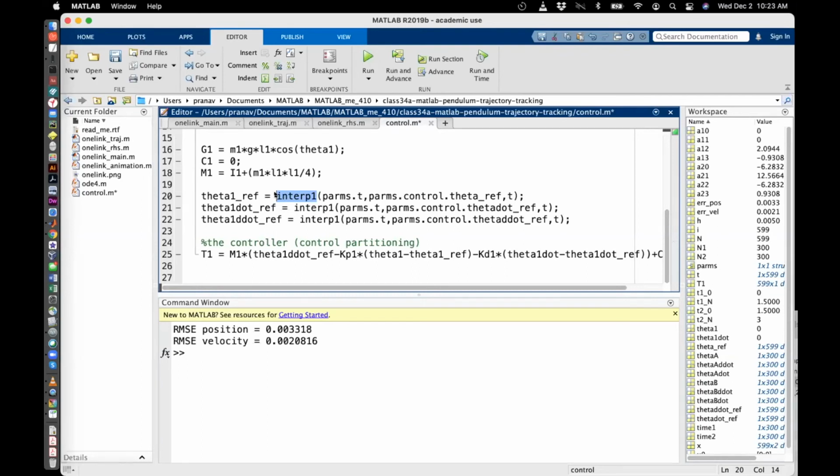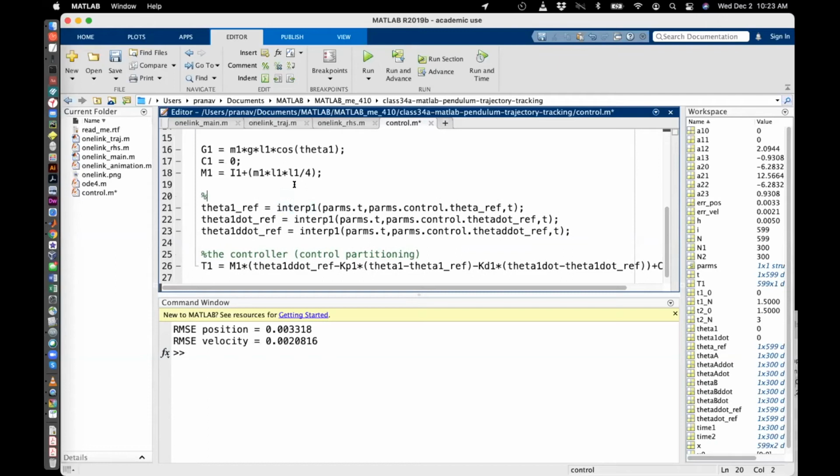Okay. Now there is this thing, which is interp, which I think I talked about briefly in the animation class. What interp1 does is it interpolates the values for an intermediate time. Let's say that I have the value for the reference motion at 0, 0.1, 0.2, 0.3, and so on. But I want the value at 0.05, but I don't have 0.05 available.